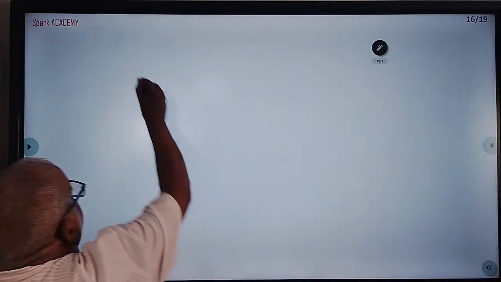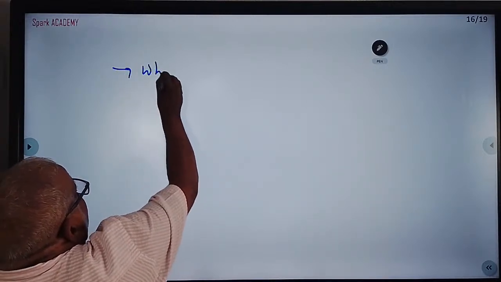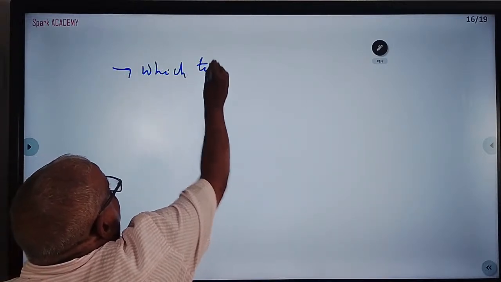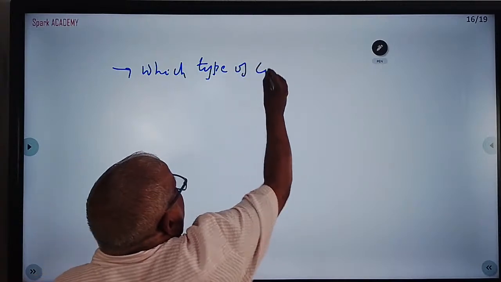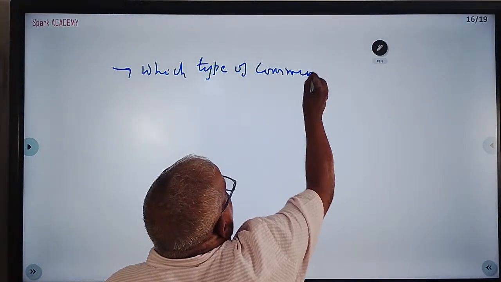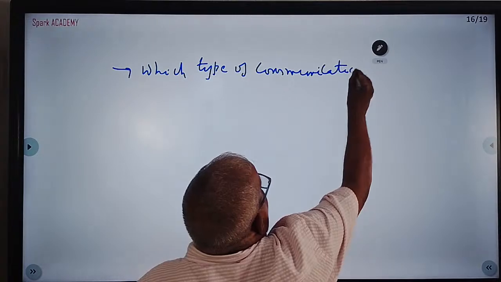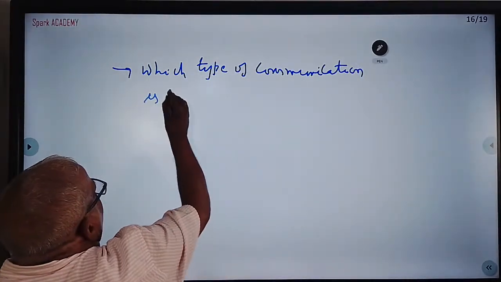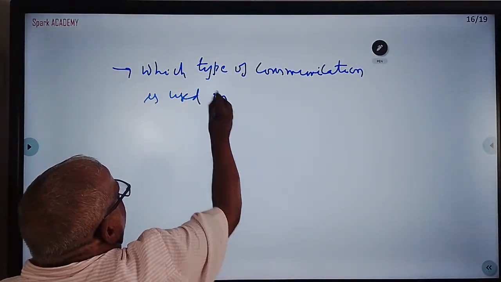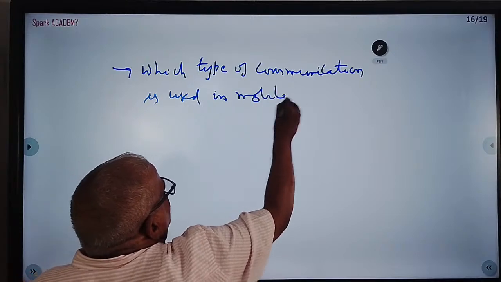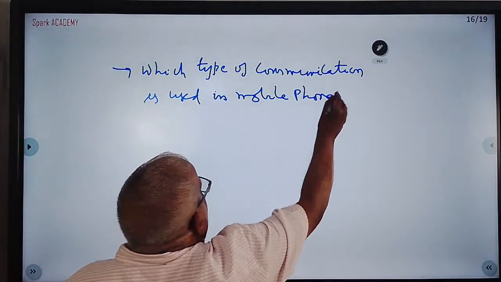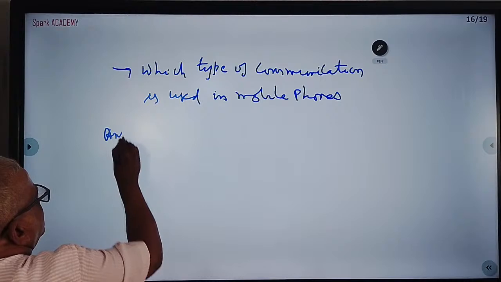Which type of communication is used in mobile phones? You are using mobile phones nowadays. Answer: space wave communication is used.